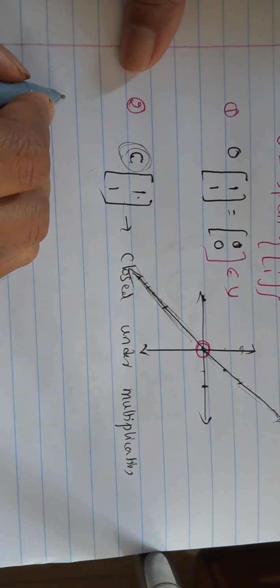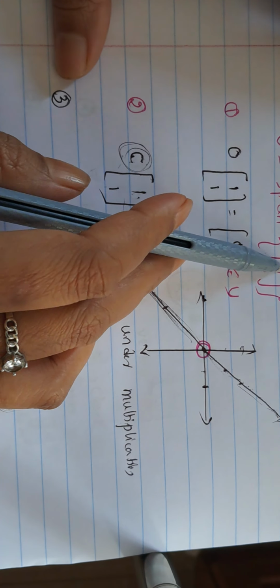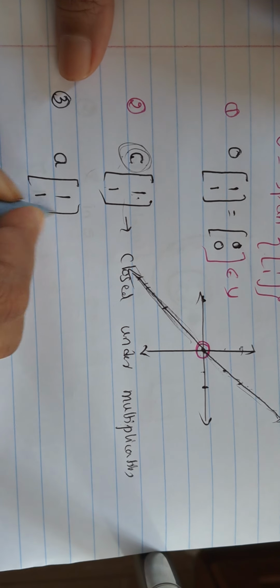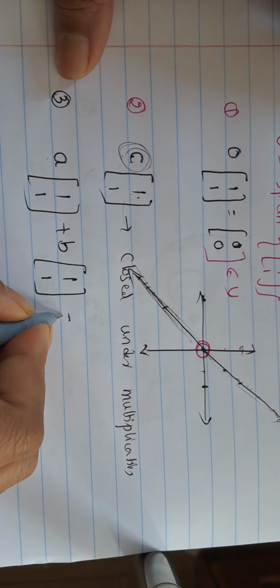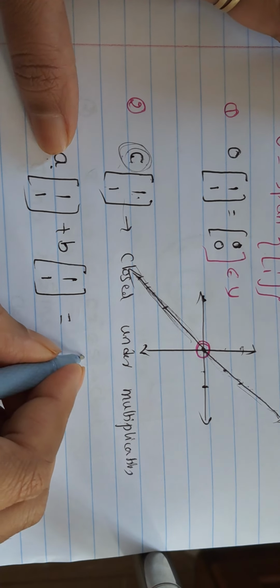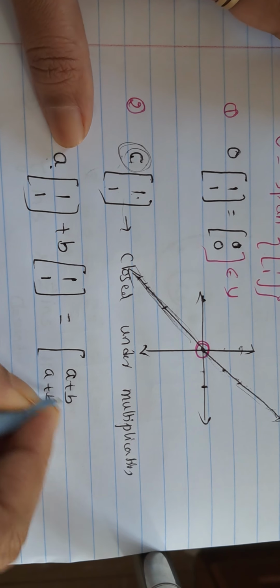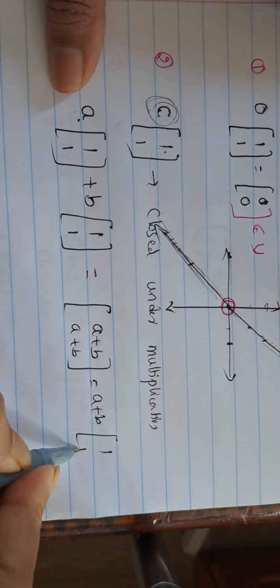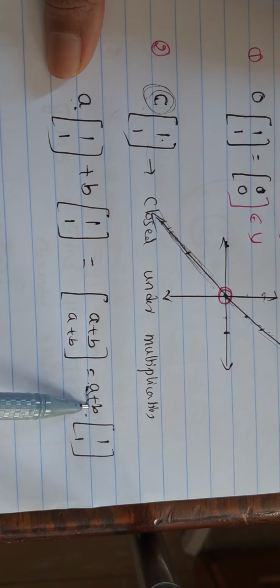Now let me take the third one. If I add two vectors, for example, let me take a scalar a with 1 1, and another scalar b with 1 1. Let us add these. This will be a plus b and a plus b. Here I can take a plus b out, times 1 1. Since a is any scalar and b is any scalar, the addition of two scalars is again a new scalar times 1 1.